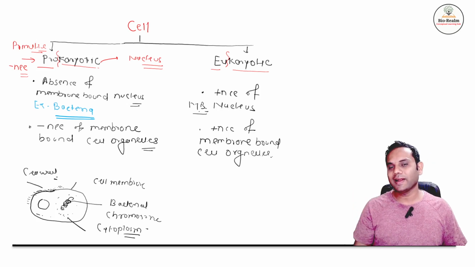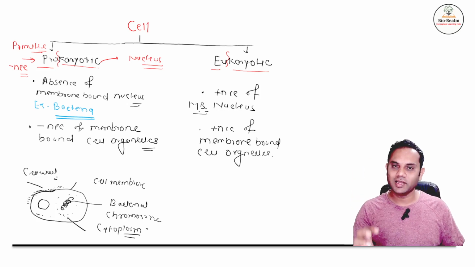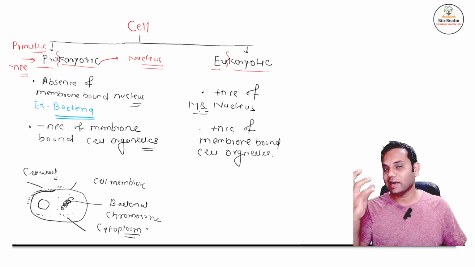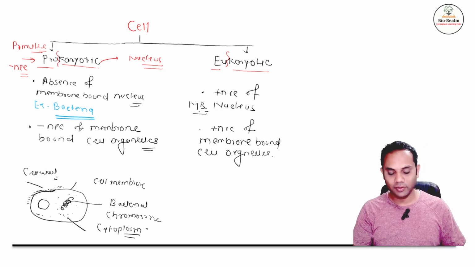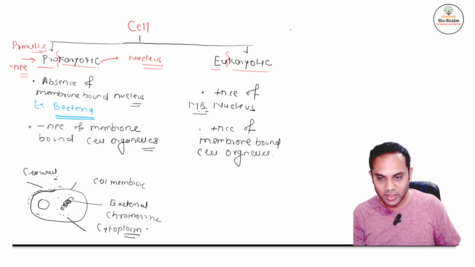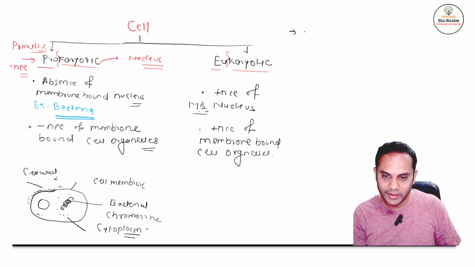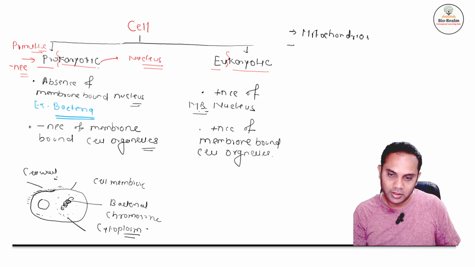So, what are cell organelles? These are the different structures which collectively make the cells. They are the components of the cells. Okay. So, what type of cell organelles are present in eukaryotic cells and which are absent in the prokaryotic cell? If we see the membrane-bound cell organelles, then we should write, for example, mitochondria. Then chloroplast, which is exclusively present in plants only.